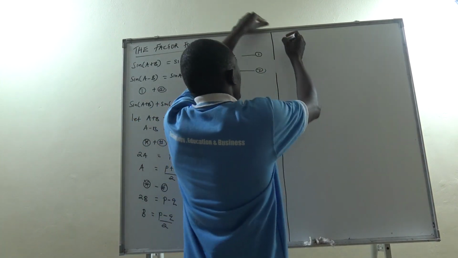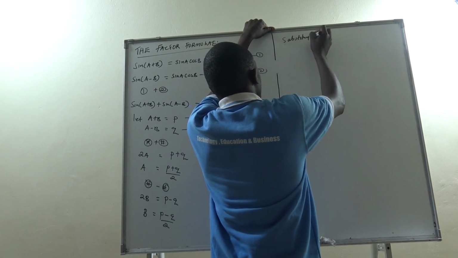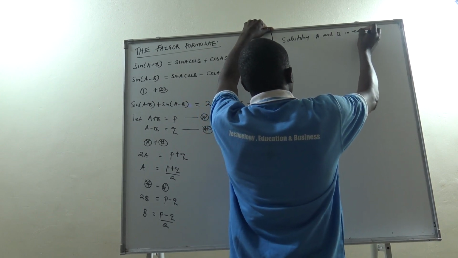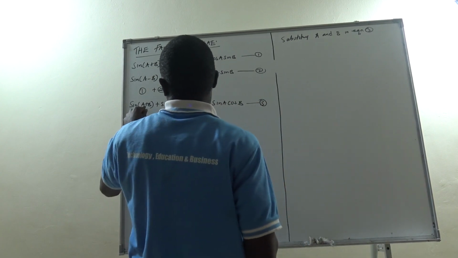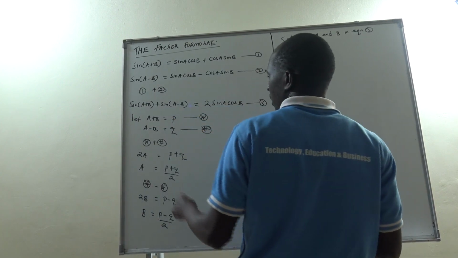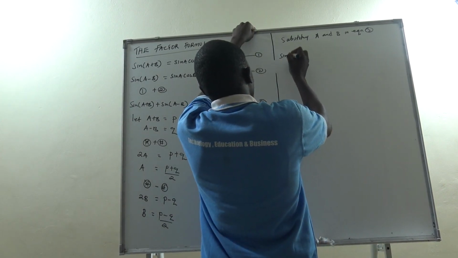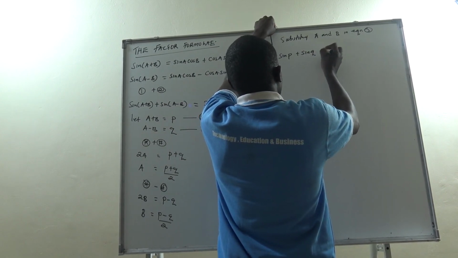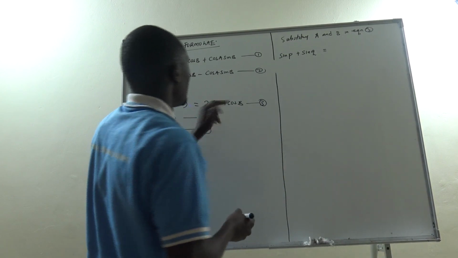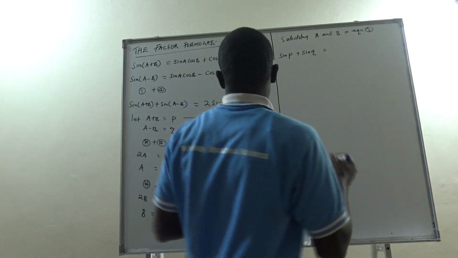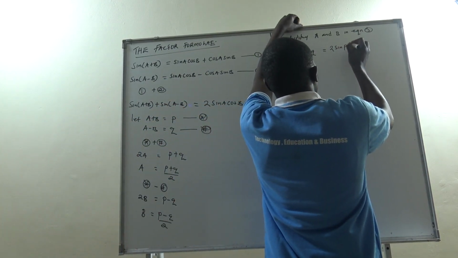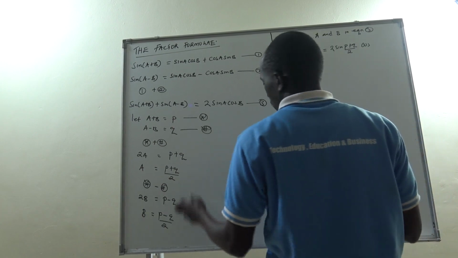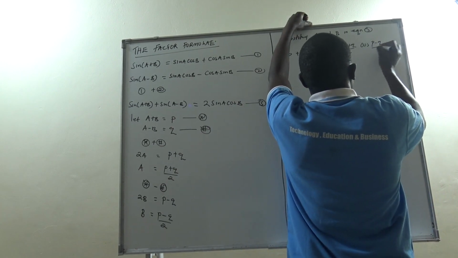Substituting the value of a and b in equation 3, what does it become? a plus b is already p, and a minus b is q, so we get sin p plus sin q equals 2 sin of (p + q) out of 2, then cos of (p - q) out of 2.